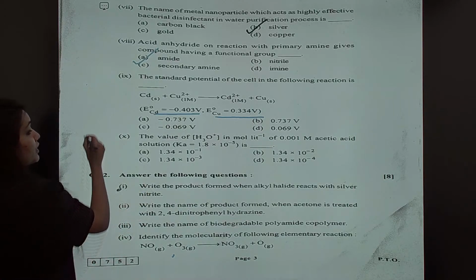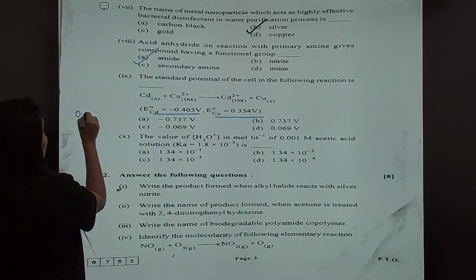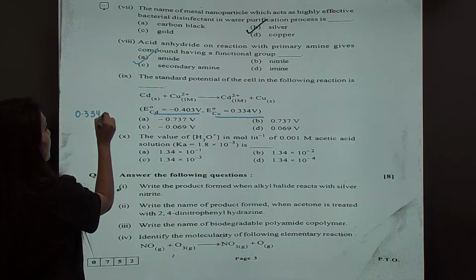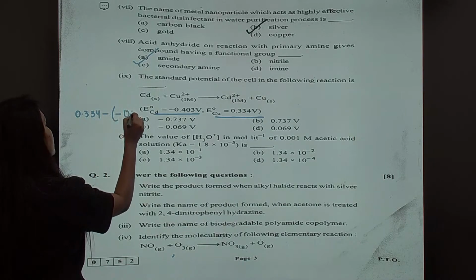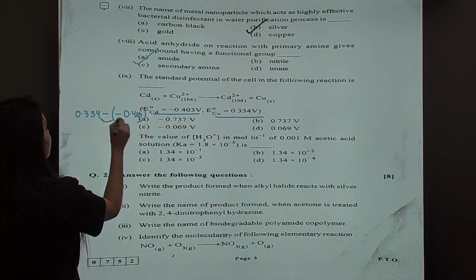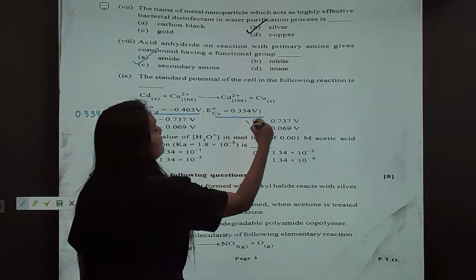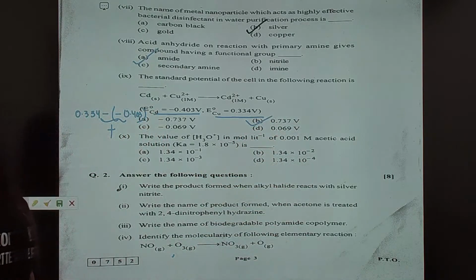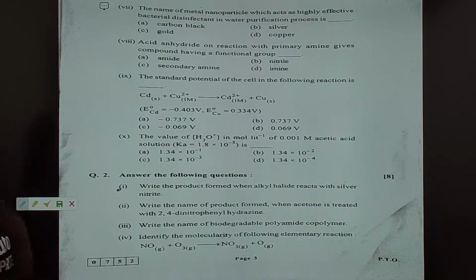So that is going to give me 0.334 minus of 0.403, which will give me the addition of these two, and my answer will be 0.737 volts. I hope this is clear to all of you.